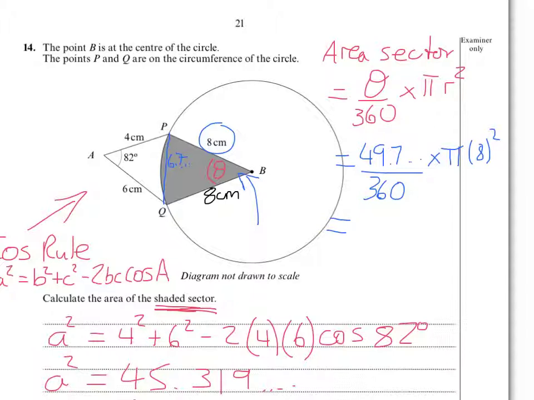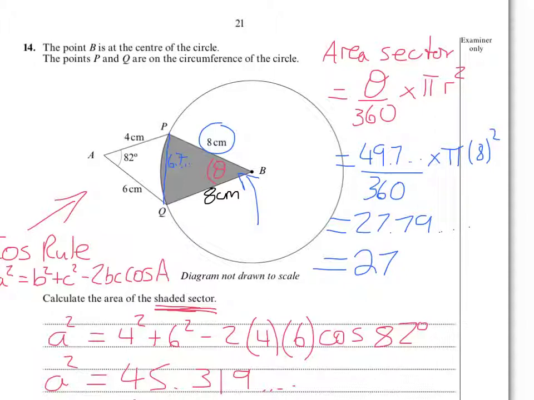On your calculators you should be able to type your answer button divided by 360 times pi times that radius squared, so that 8 squared. And that gives us an area of 27.79 etc. Because we've kept that accuracy, we know that's perfectly correct up to the number of decimal places we want to round it to.